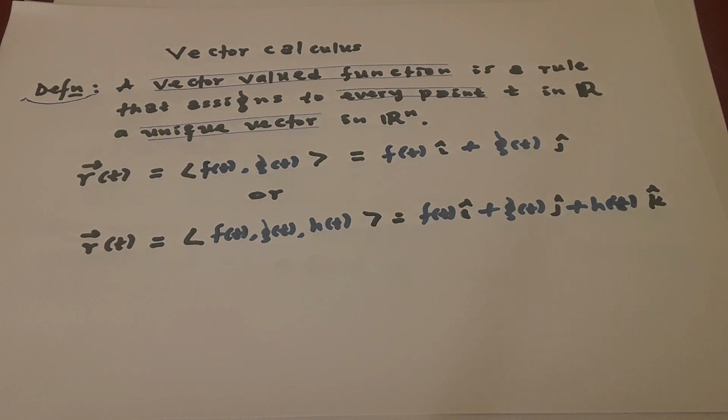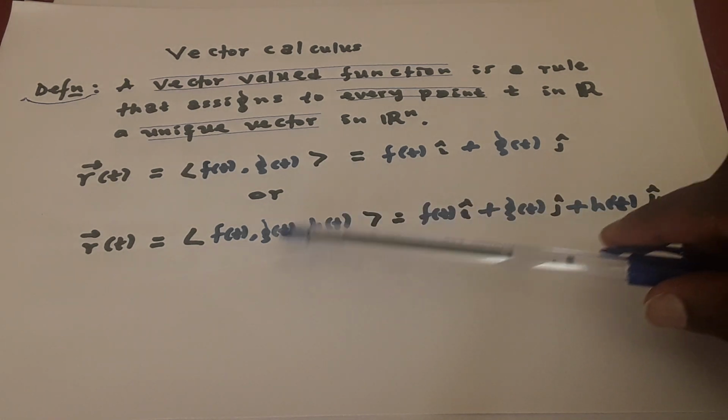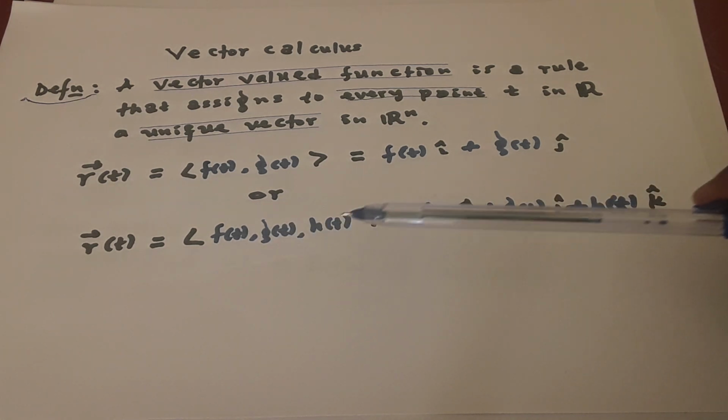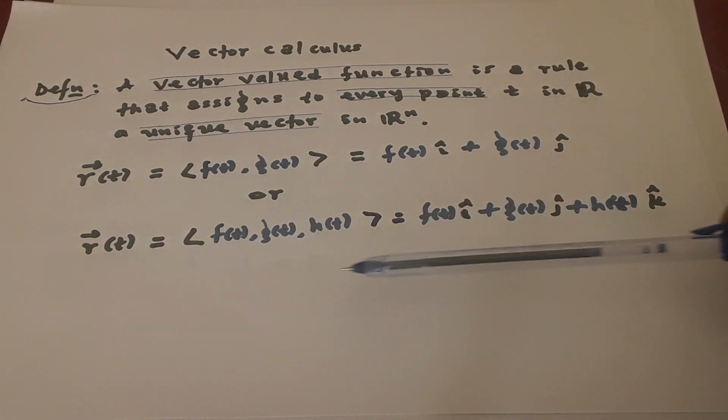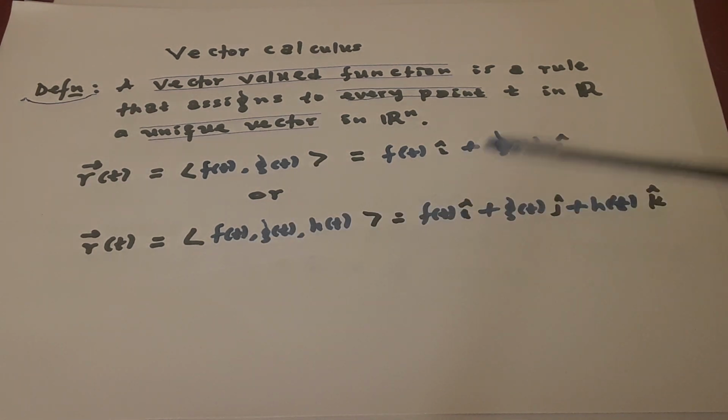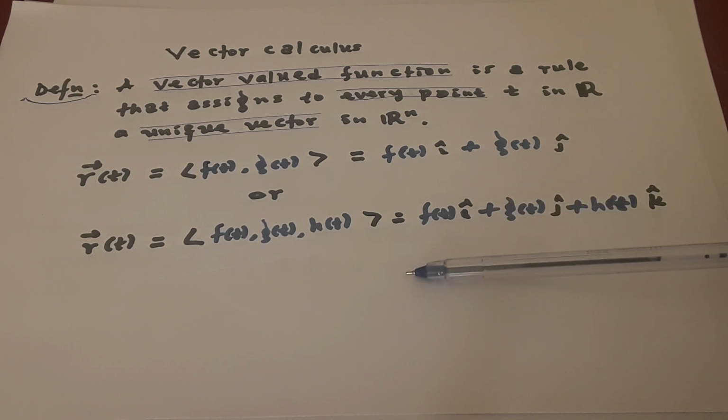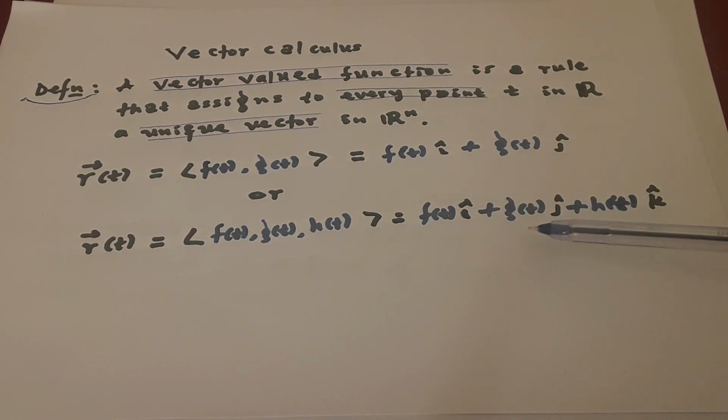But individually, f, g, and h are scalars, while r is a vector valued function, so that for every point t in R, a unique vector is given, which makes it a vector valued function.